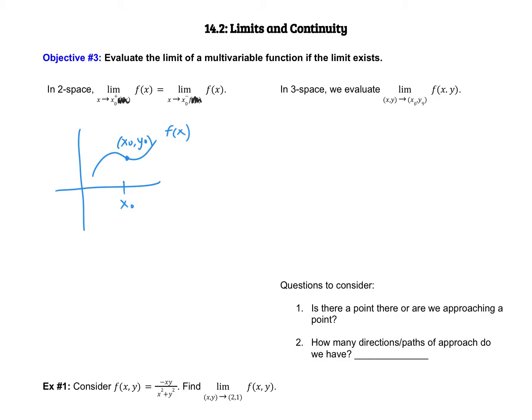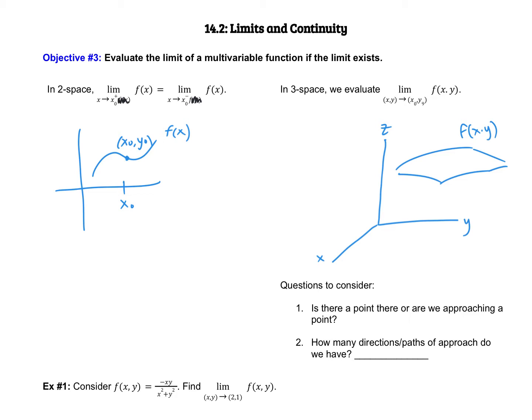Now, if we want to look at a limit in three-space instead. Graphically, this time, we're going to have our x, y, and z axis. And we're going to have some function, some function in terms of x and y.